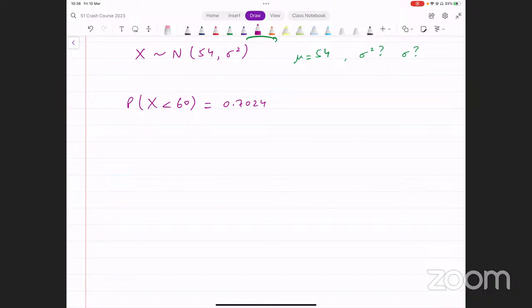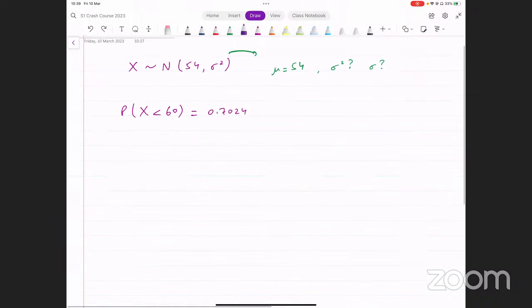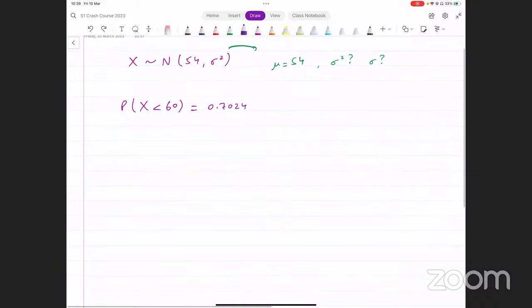And what we want to do now is find the value of sigma somehow, right? So that's some missing piece of information in the data that we have to figure out. Now, how do we work this out? For this, we are basically going to go in reverse order. So we have a probability given, and we have to go back and find something that's missing in the data.